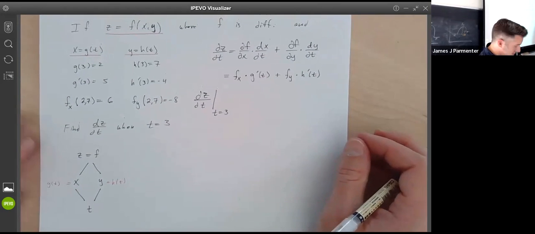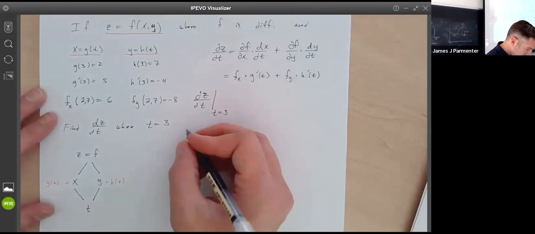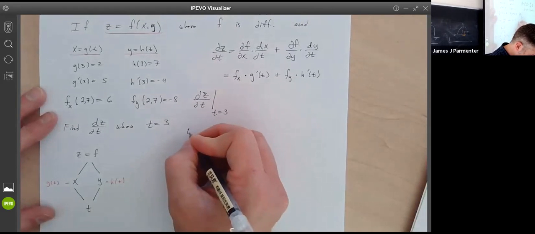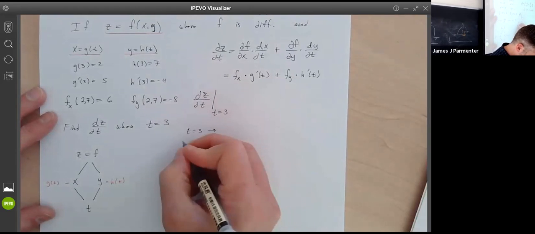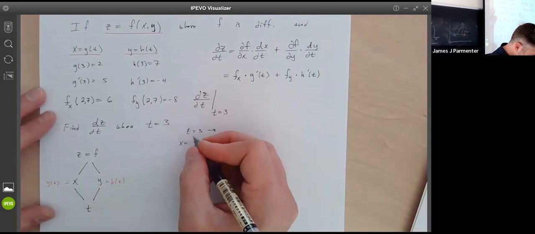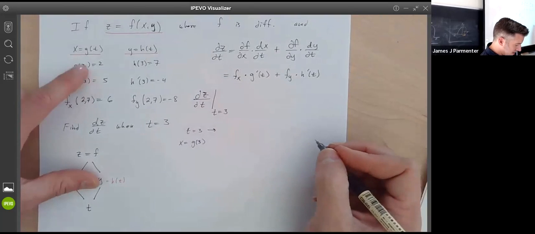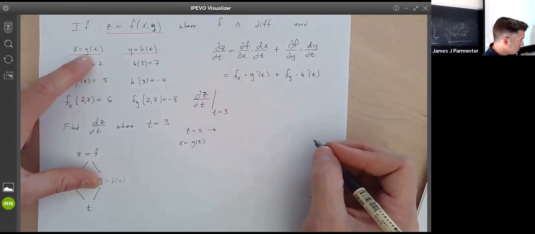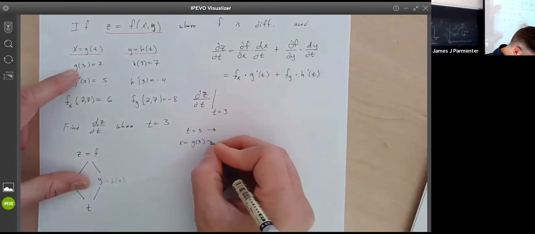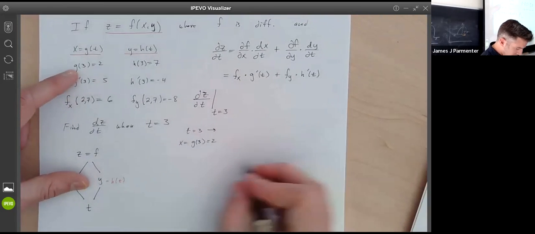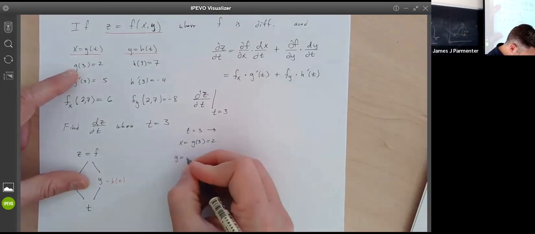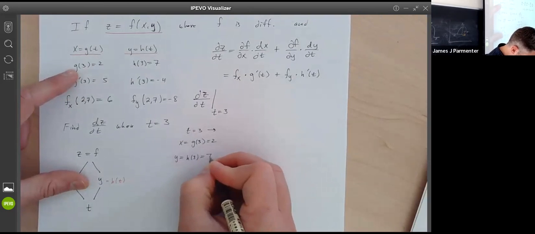Okay, well, if t is equal to 3, that means x is equal to g of 3, because x is g of t, and g of 3 is 2, and y is equal to h of 3, which is 7.